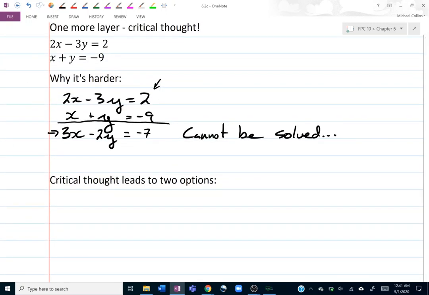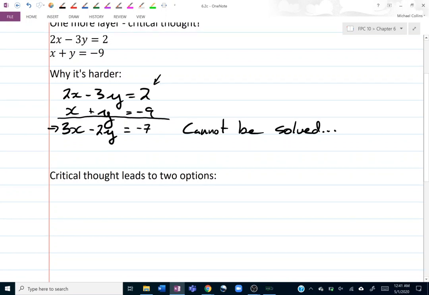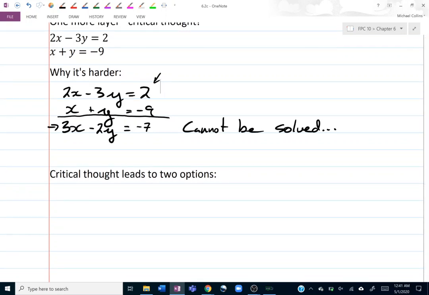Our goal here is to get rid of one of the variables so that we can solve for the other one. So we're going to arbitrarily choose which one to get rid of. Notice I've written down here that critical thought leads to two options. It doesn't matter which option you choose. Both are equally good. I'm going to do them both ways.